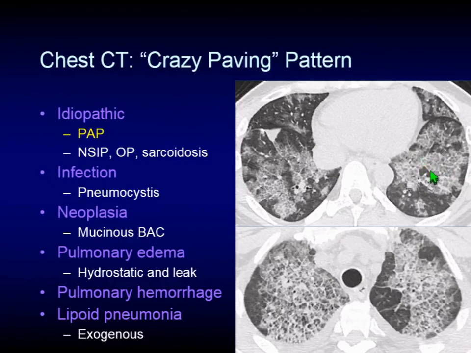Okay, so here again, everywhere you see ground glass, you see the inter and intralobular septa being thick. Crazy paving has been associated with primary alveolar proteinosis, but can be seen in a number of things, and it certainly is not pathognomonic for just PAP. You can see it in pneumocystis infection, mucinous BAC or adenocarcinoma in situ, that's the mucinous form, even hydrostatic pulmonary edema, pulmonary hemorrhage, and lipoid pneumonia.